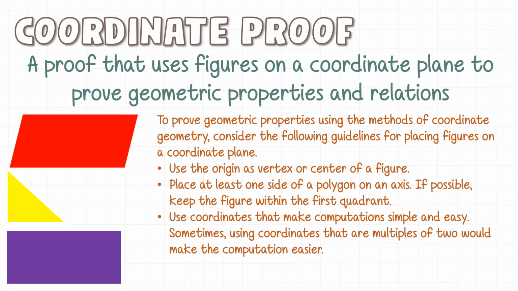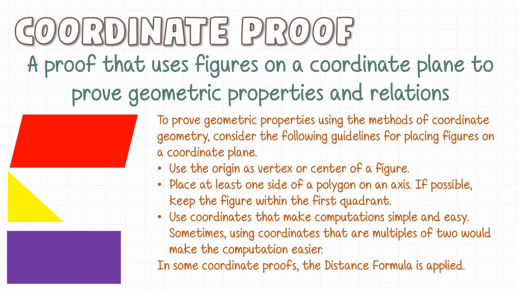Why? Kasi ang x and y components sa first quadrant ay parehas positive. Next, use coordinates that make computations simple and easy. Sometimes, using coordinates that are multiples of 2 would make the computation easier. At mas mainam din na may zero tayong gagamitin. Kasi mas maliit na number, mas madaling mag-compute.